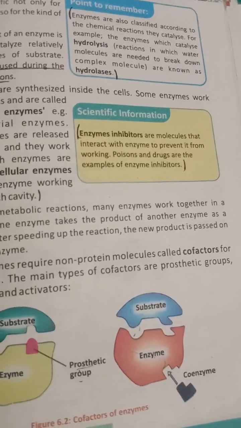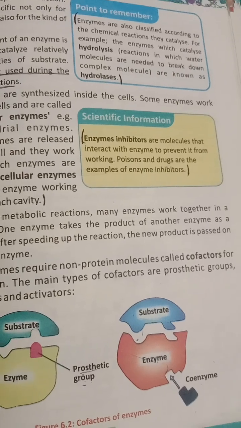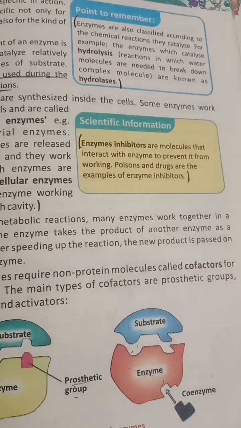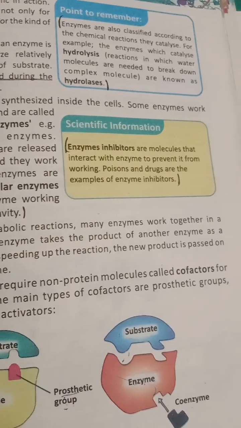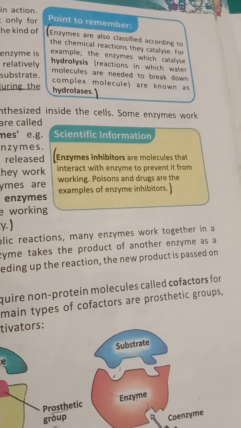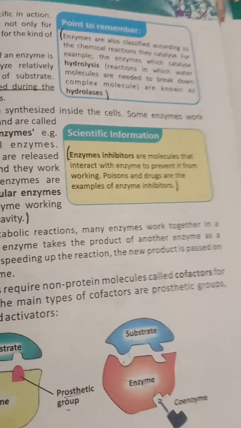There is another thing in our book: enzyme inhibitors. Like activators are things which activate the enzyme for working, inhibitors are the antonym of activators. Enzyme inhibitors are those molecules that interact with the enzyme to prevent it from working.